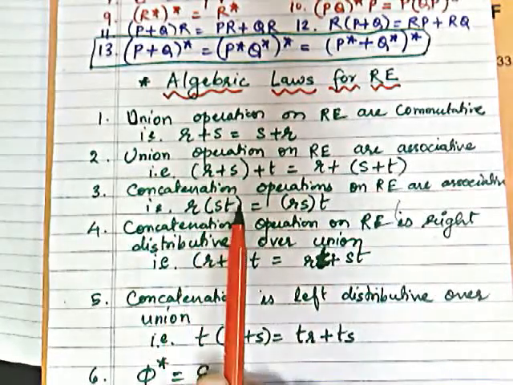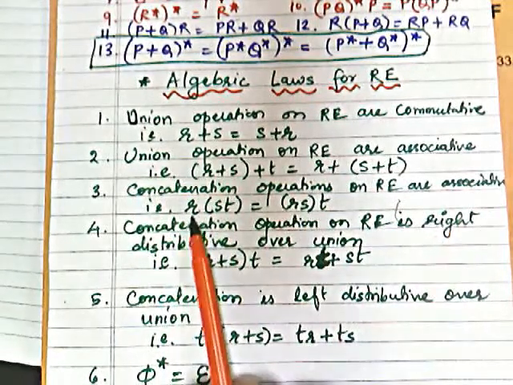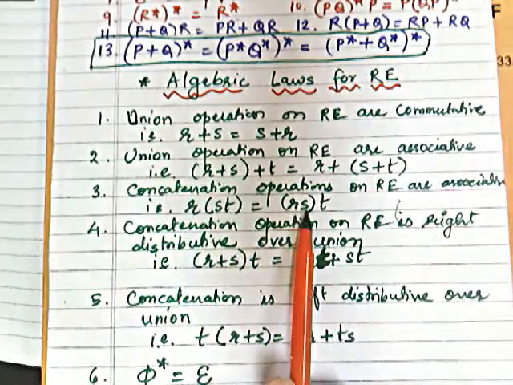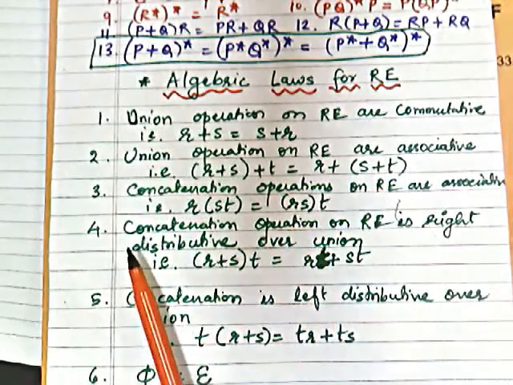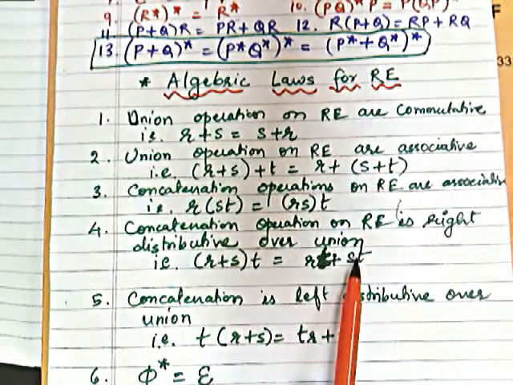Next is concatenation operations on RE are associative, that is R dot (S dot T) in bracket is equal to (RS) dot T. Next is concatenation operation on RE is right distributive over union.